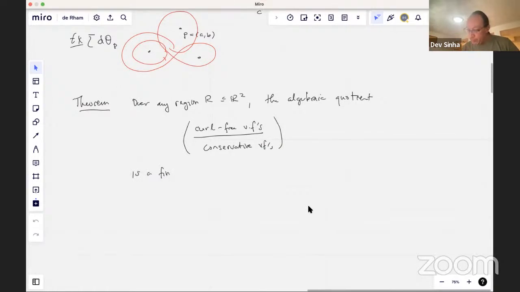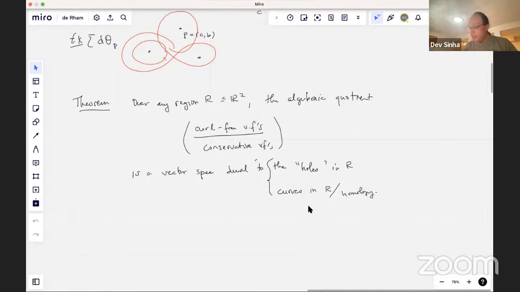Or sorry, well, it depends on the topology of the region. So let me say it this way: it is a vector space dual to the holes in R. And really what it is, is dual to the curves in R modulo an equivalence called homology.